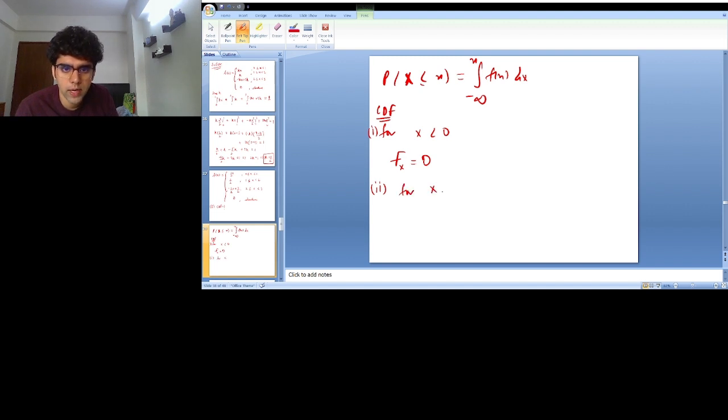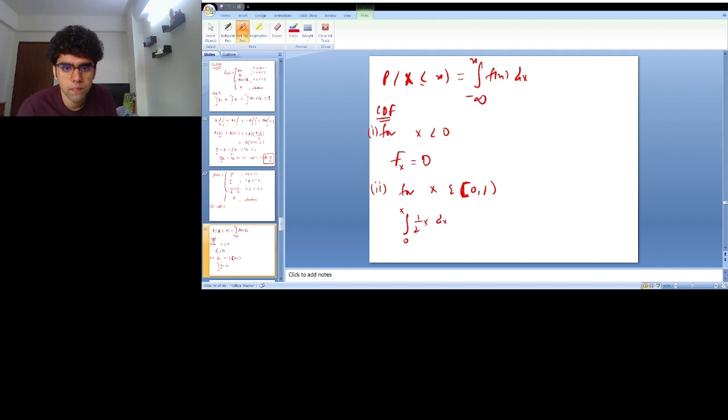For x belongs to 0, 1. Now it doesn't matter if I include 1 or not, they have not included, therefore I am representing it in the manner that they have represented it, right? From 0 to 1. So this is 0 to x, and my PDF here was half of x, half of x dx, right?